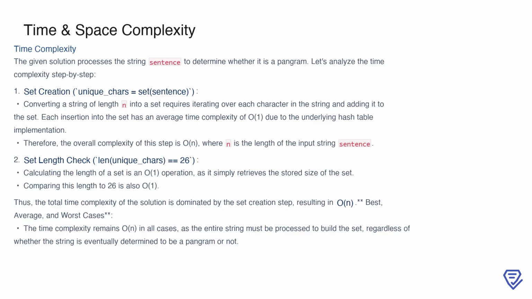Calculating the length of a set is a direct operation with a time complexity of O(1), as is comparing the result to the constant value 26. Since the set creation step dominates, the total time complexity of the solution is O(n). This holds true across best, average, and worst cases, as the entire string must always be scanned to build the set regardless of the outcome.